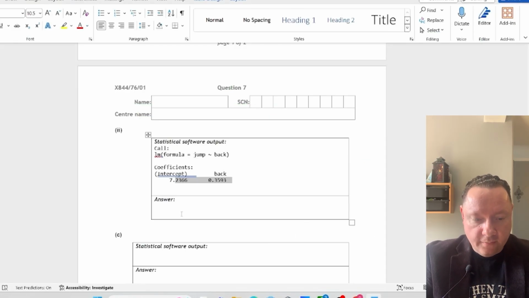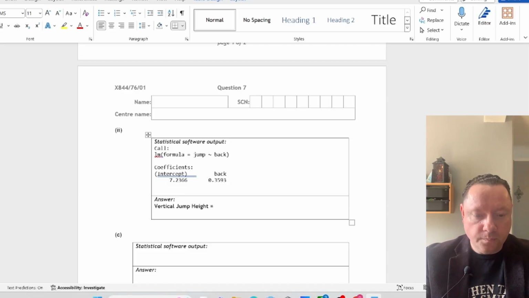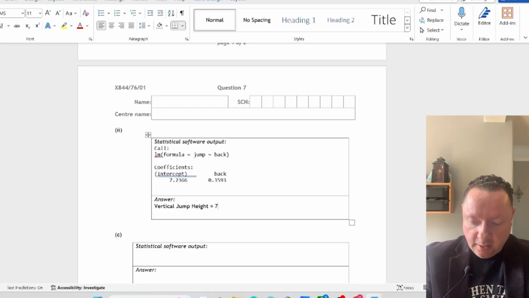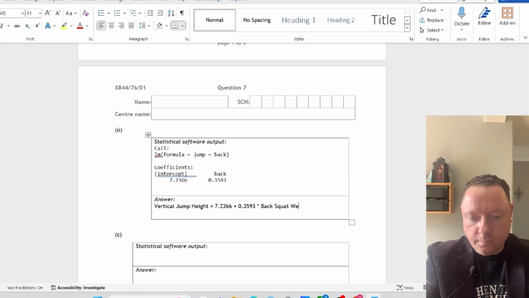So we can say that for our answer, vertical jump height, or just jump, equals, now you can either do this number times back plus this number, or I find it much easier to do it in the order that is written in the output. So it says 7.2366, so I'll just write that, plus 0.3593 times back squat weight.